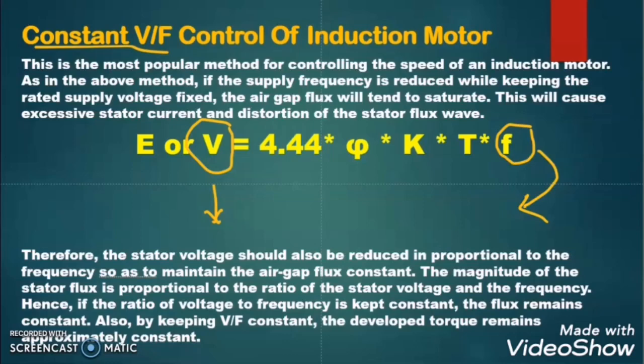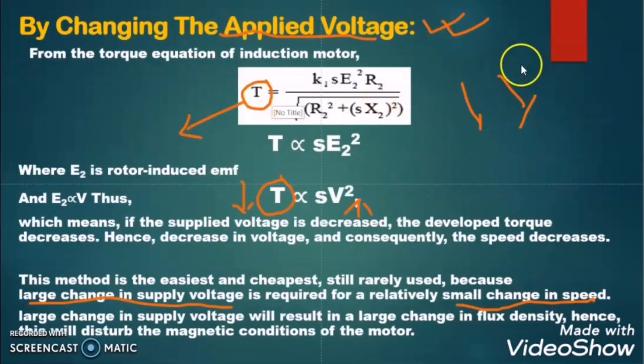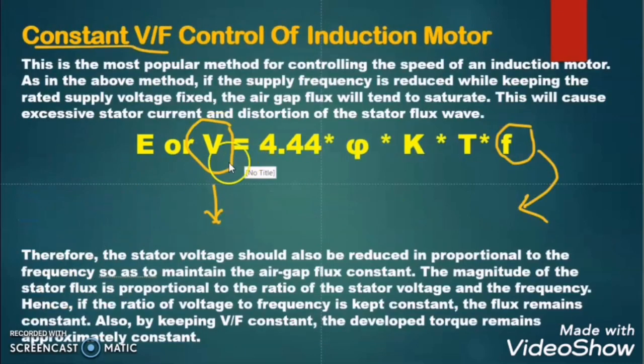What we learned in the first step is that when we regulate the voltage, we compromise with the torque of the motor. So in this method also we may compromise with the torque, as we are changing the voltage.